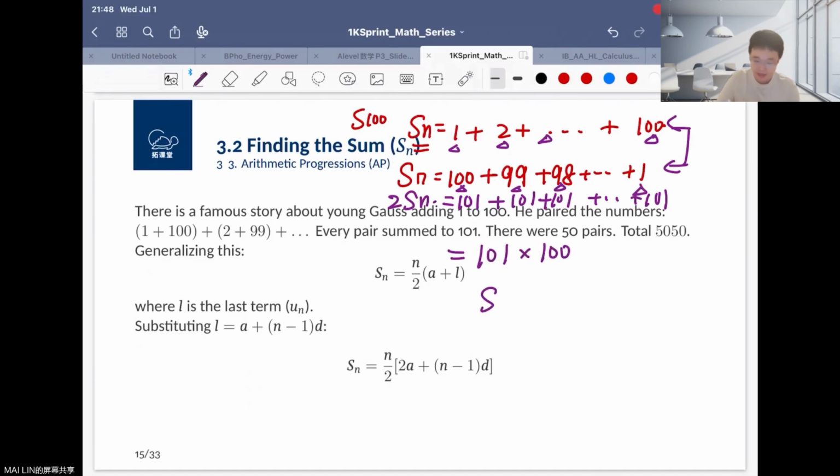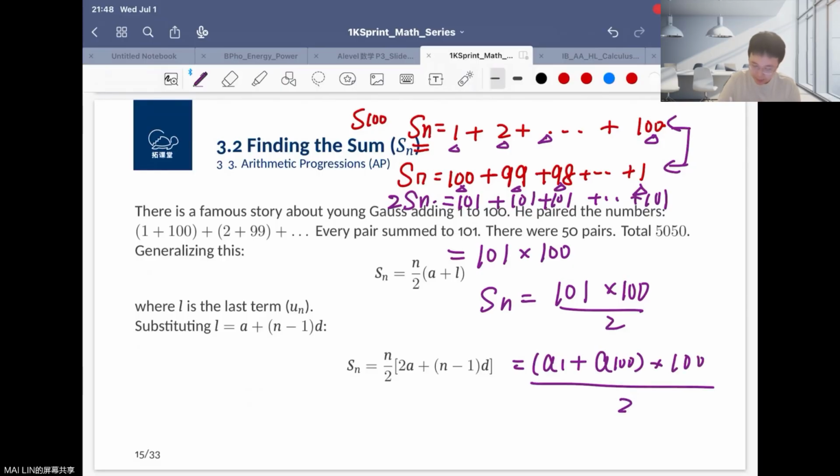So you can say Sn equals 101 times 100 over 2. Going back to the arithmetic progression, 101 means the first term plus the last term, right? So you can say that is A1 plus A100. And 100 means the number of terms, and 2 is for the two sequences, right?